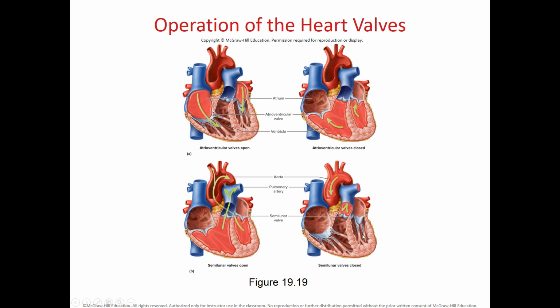And then as the ventricles are getting emptied and you have the blood inside the aorta or the pulmonary trunk, you have increased pressure in here, which closes the semilunar valves. You produce the second sound, the S2 sound, and then you have your lub dub.